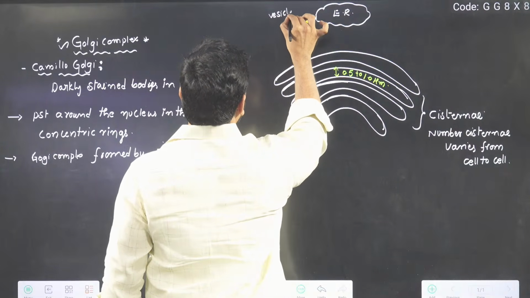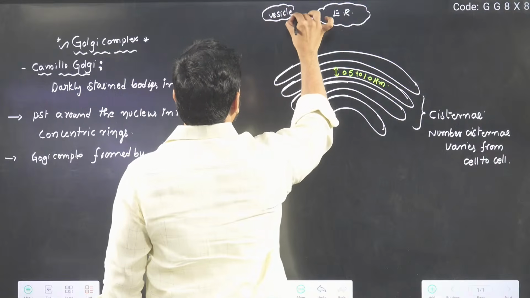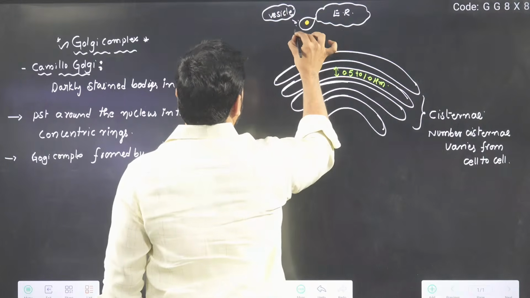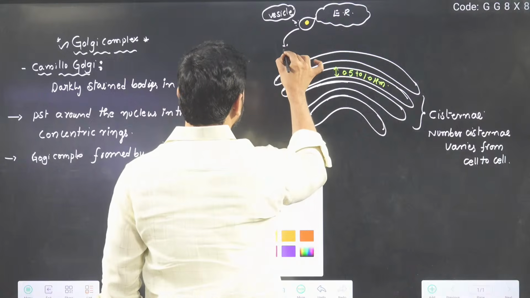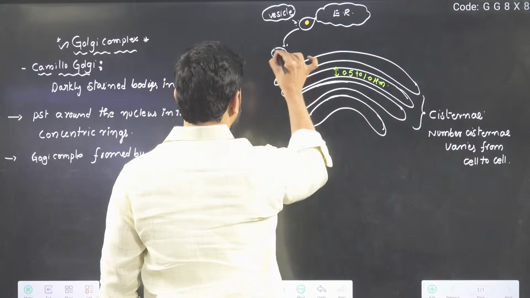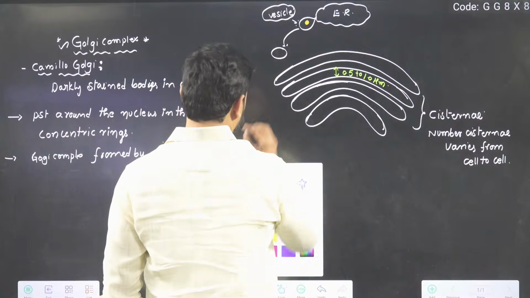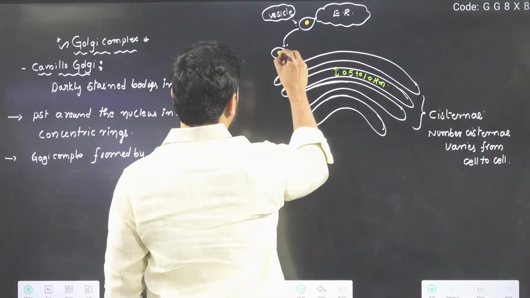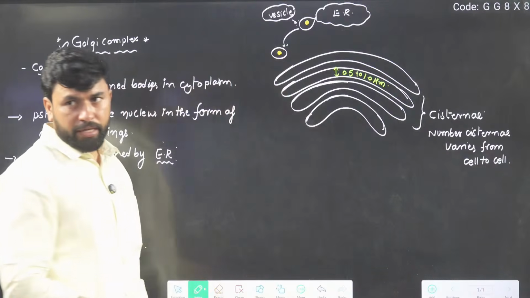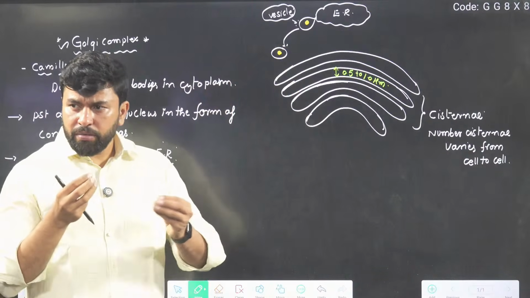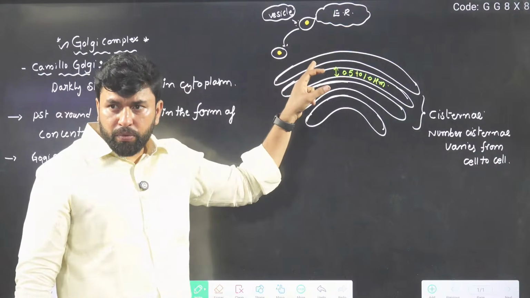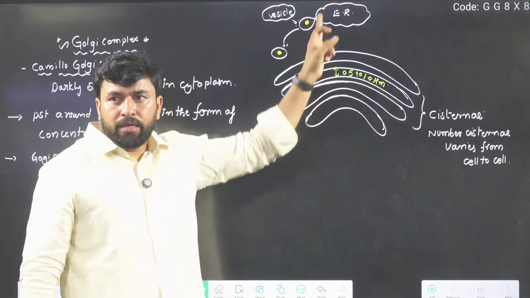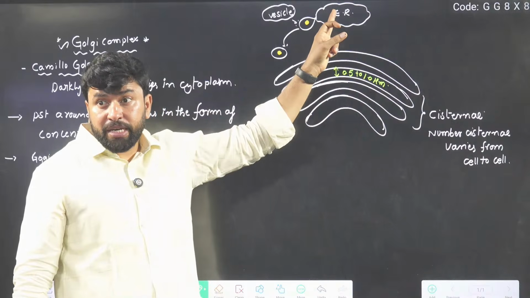The material to be packed will be sent in the form of a small vesicle. This vesicle will come along with these proteins or any kind of material. Okay, it is coming in the form of small vesicles. The materials to be packed or processed in the Golgi complex are coming from the endoplasmic reticulum.